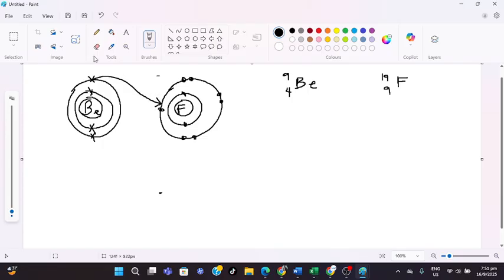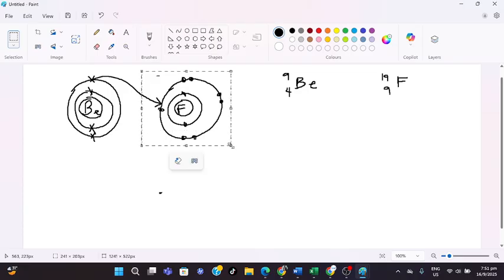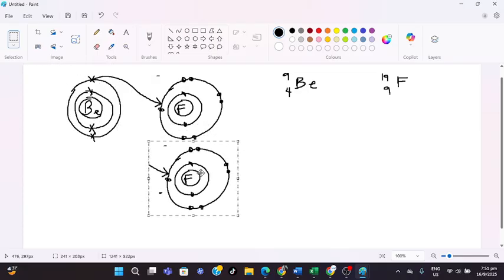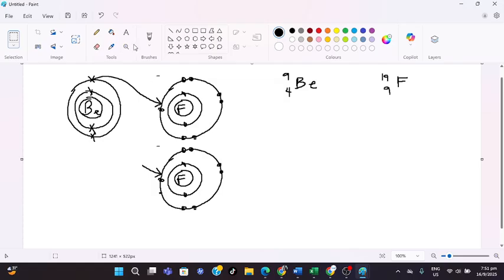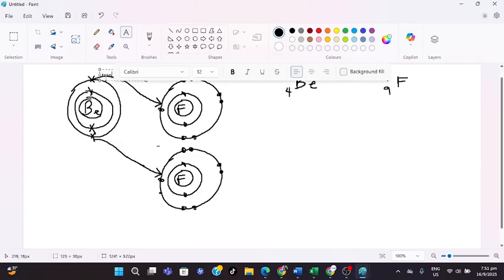Transfer of electron. It's gonna be easy. Copy, paste, and one will go here. Another transfer of electron. Yes, transfer of electron. So what's gonna happen is this.